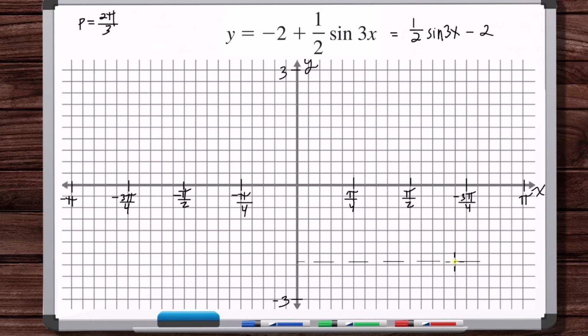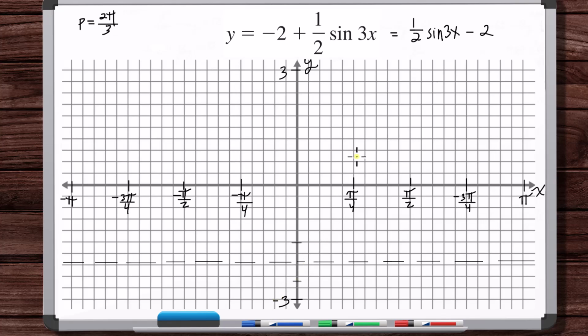This is minus 2. And then we're going to go to minus 2.5, so minus 3. This is minus 2.7, minus 2.4, so around here. And then minus 1.5, so 0.3, 0.6, 0.9, 1.2, yeah, here. So those are the amplitude points.